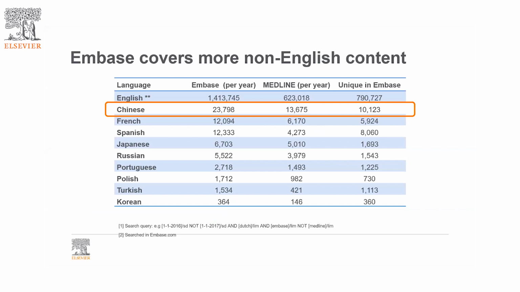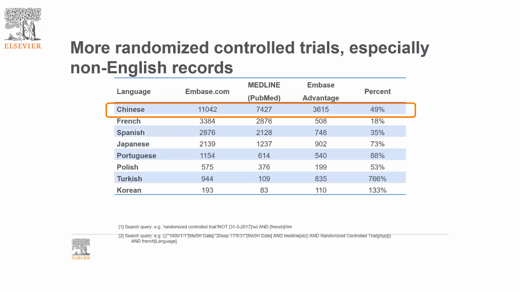On this slide, you can see the coverage of Embase in different languages: Chinese, German, French, Spanish, Japanese, Turkish, and other languages. You see that coverage of non-English content is always much better in Embase, because it's manually indexed, and native speakers of the language are doing this indexation. It's especially true for coverage of the most important documents such as randomized controlled trials.